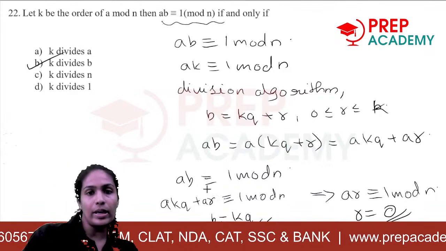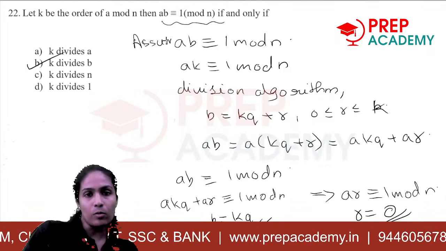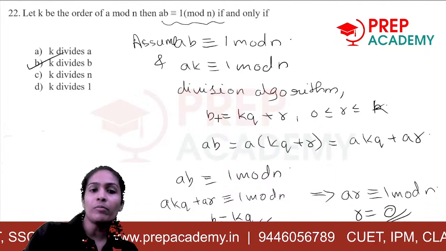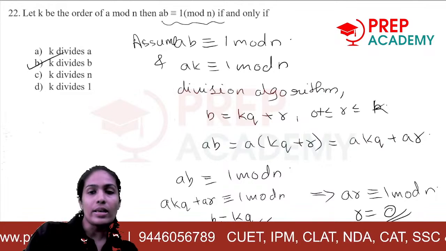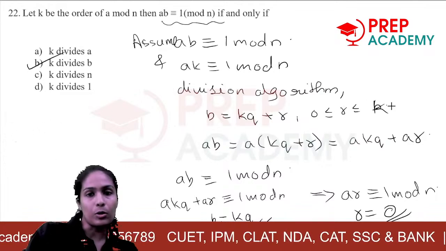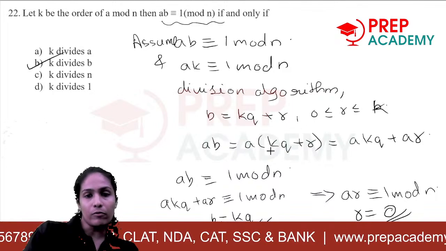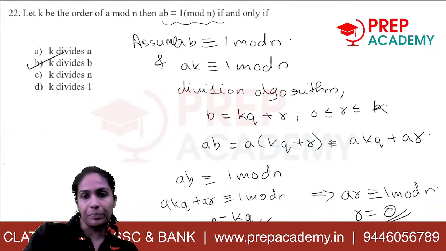First, assume that a^b is congruent to 1 mod n. Also assume that a^k is congruent to 1 mod n. By division algorithm, you can write b as kq plus r, where r is the remainder and r lies between 0 and k. Now a^b means a to the power kq plus r, which is equal to a^(kq) times a^r.